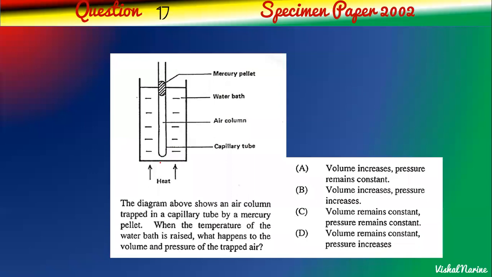So what we expect to happen is that with an increase in temperature the pressure is going to build up. However, as the pressure builds up, this mercury pellet here is going to move upwards, hence causing the volume to increase and the pressure will remain constant. So that is going to be E.